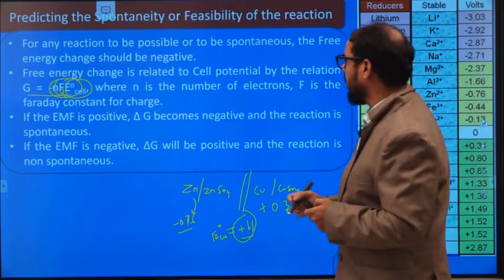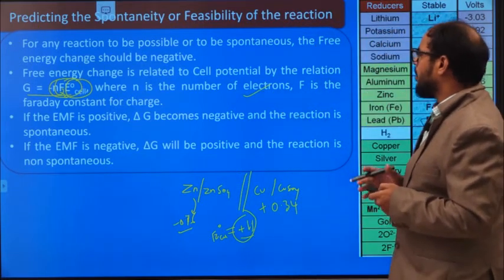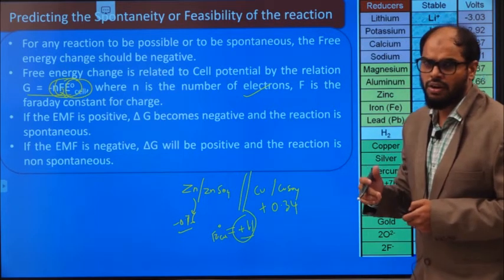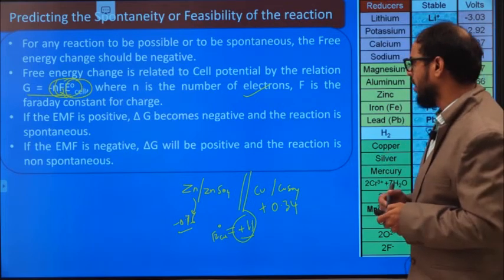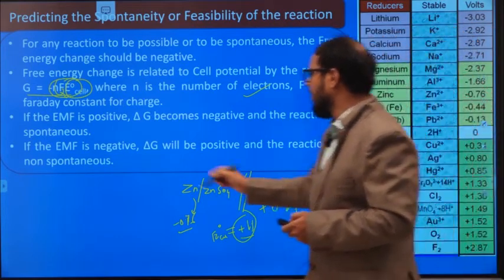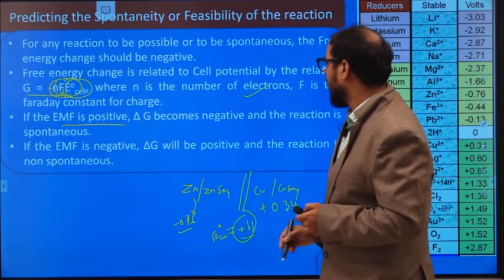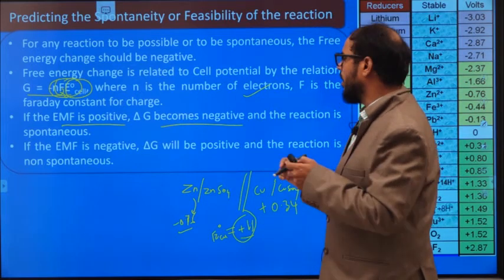So this electrochemical series can easily predict any of the reactions: whether the reaction is spontaneous or not, whether the reaction is a forward reaction or a reversible reaction. We should know that whenever we have the cell potential or the EMF with a positive sign, delta G becomes negative, and it is a spontaneous reaction.